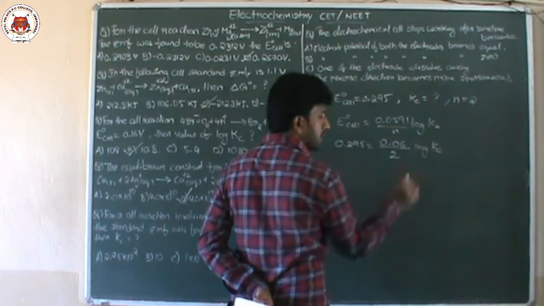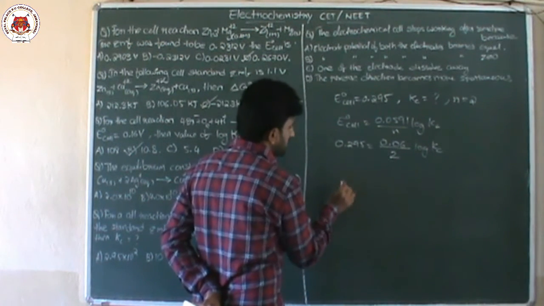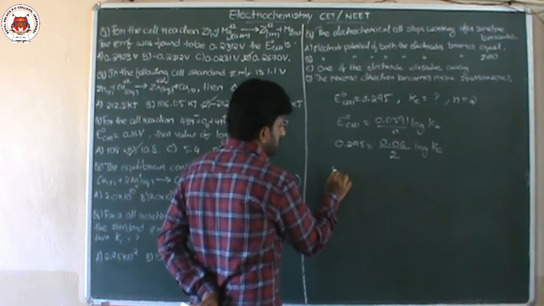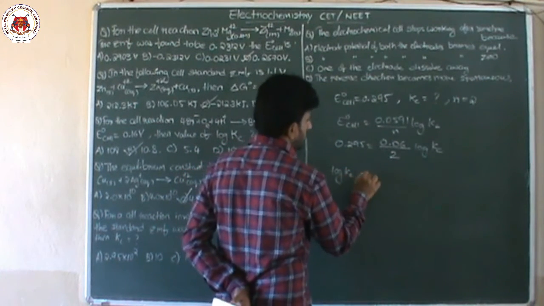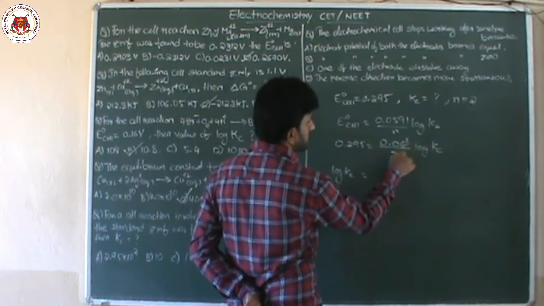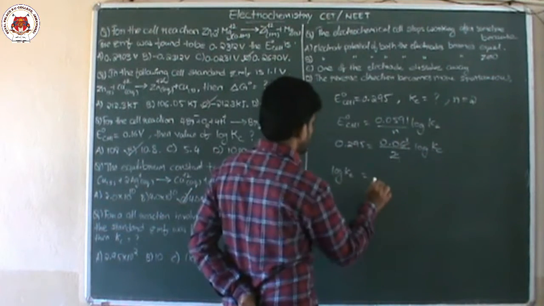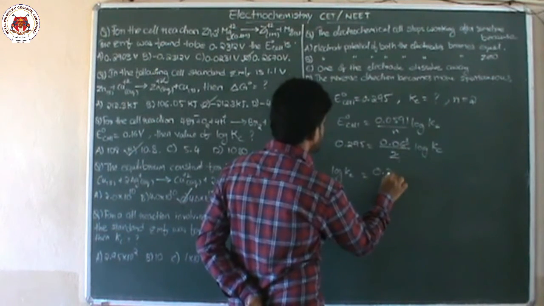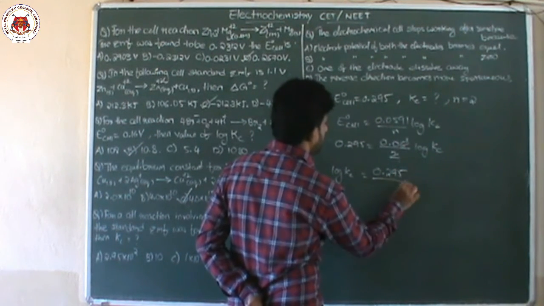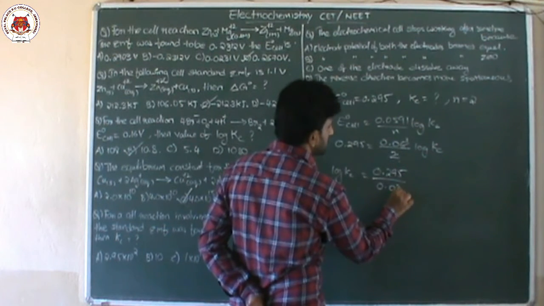Now from this equation, log Kc must be equal to, this is divided how many times? 3 times, 2 3s. So log Kc should be equal to 0.295 by 0.03.